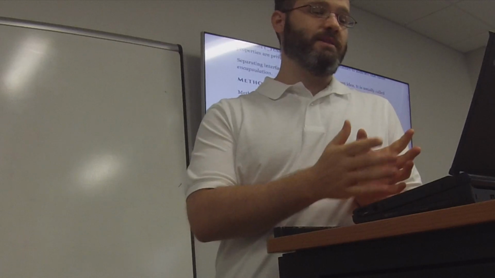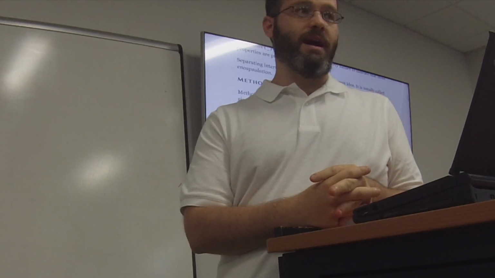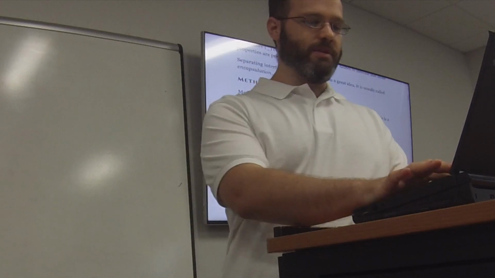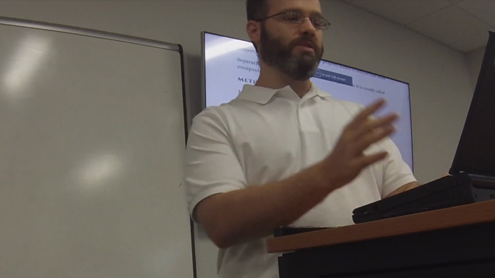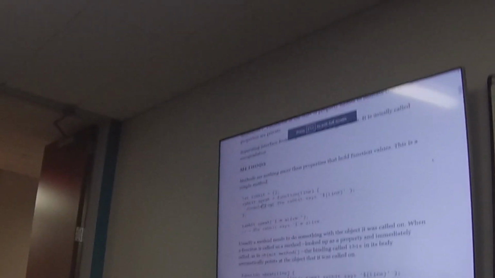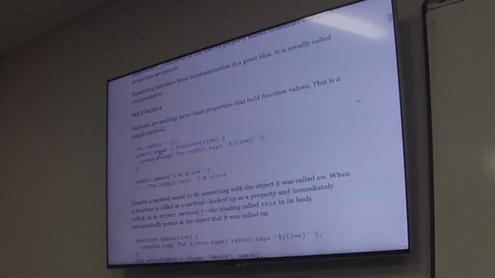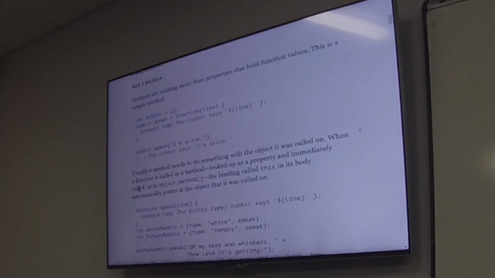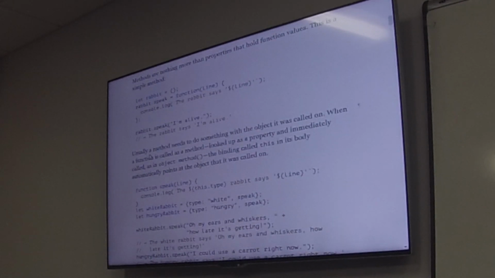We're defining methods from this book as simply being nothing more than properties that hold function values. That's certainly not the best definition of method, but that's the one we're working with here. And what they're saying is that if you have a property that has a function, it's a method. That's how this book is defining that. So you can see here we're creating an object, right? Rabbit is an object.